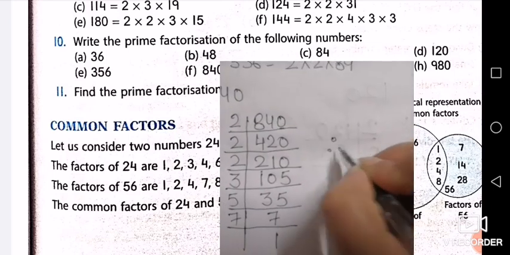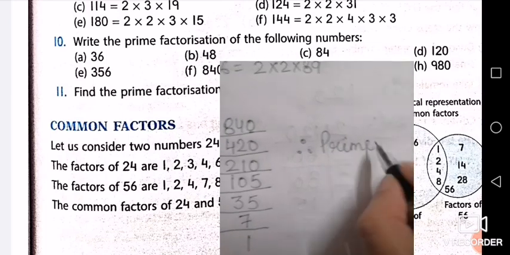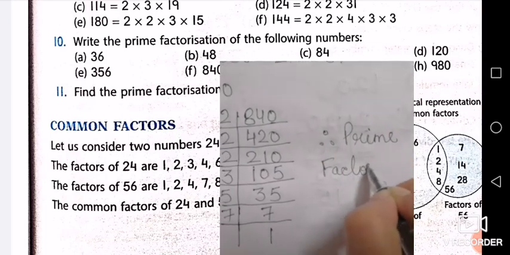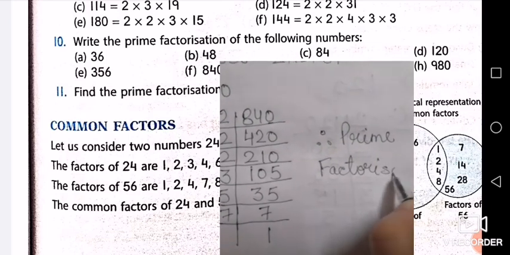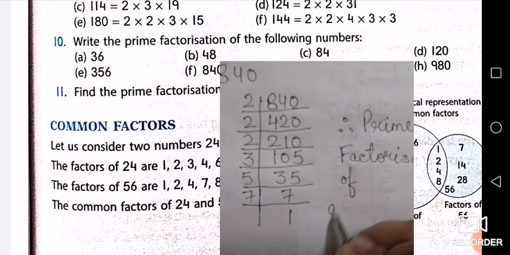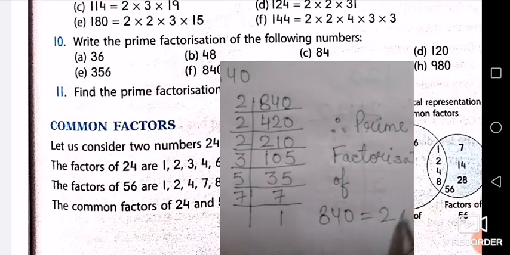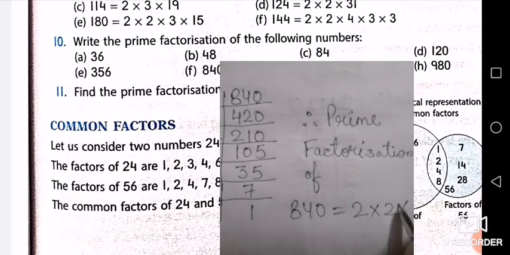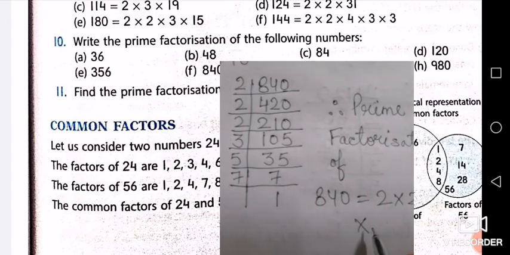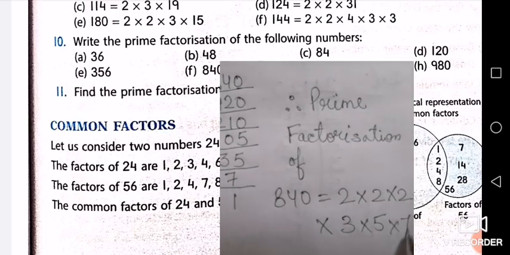Then you will write therefore prime factorization of 840 will be, what will be the prime factorization? 2 multiply by 2 multiply by 2, then multiply by 3 multiply by 5 and then multiply by 7.